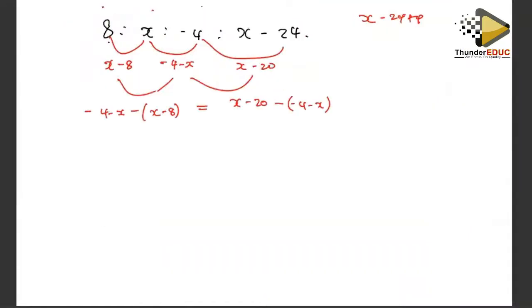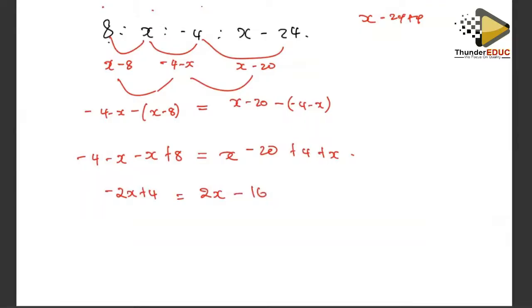So equate the two, meaning that I have negative 4 minus x plus 8 is equal to x minus 20 minus (x plus 4). All right, simplify, meaning that we have negative 2x plus 4 is equal to 2x minus 16.